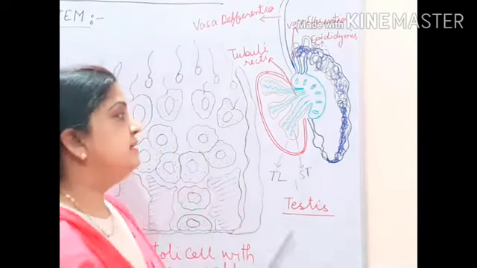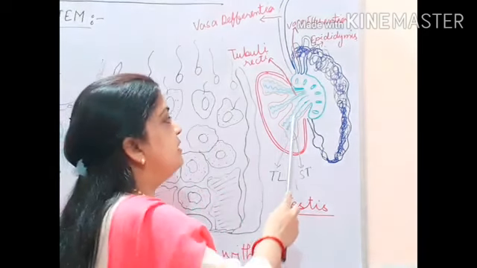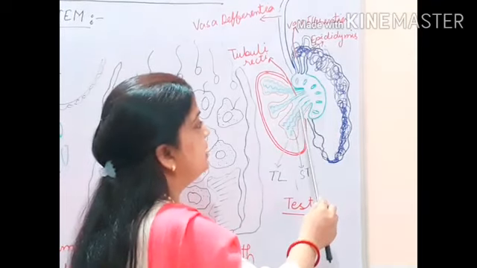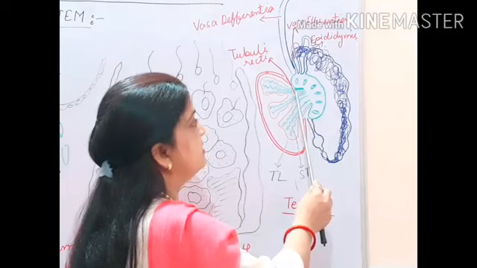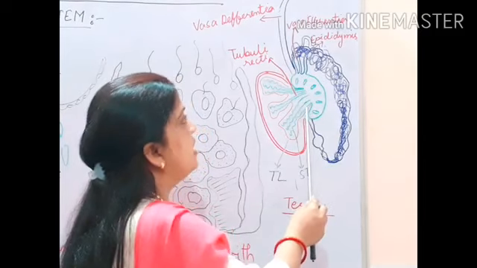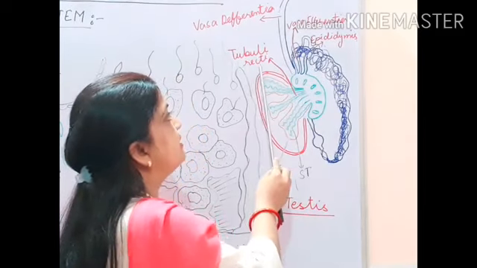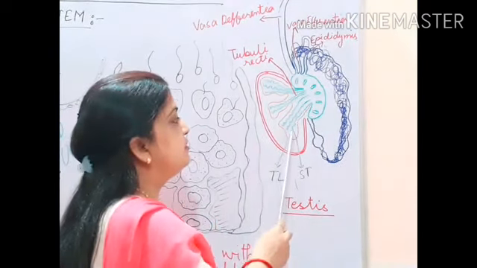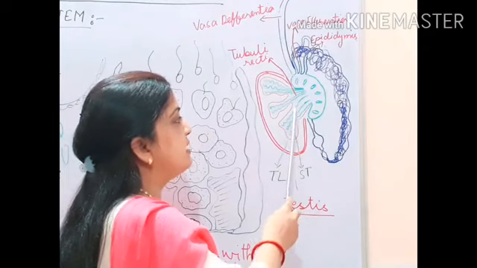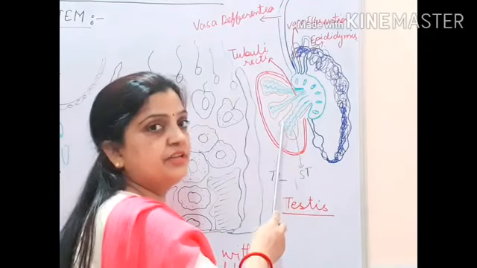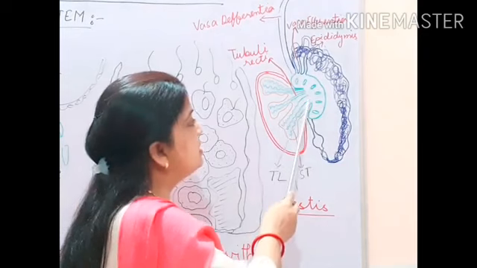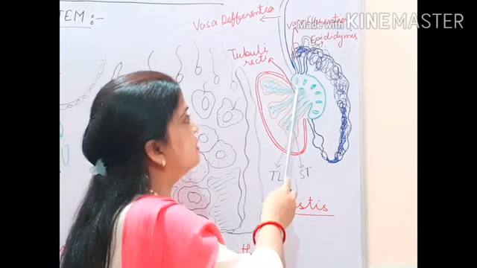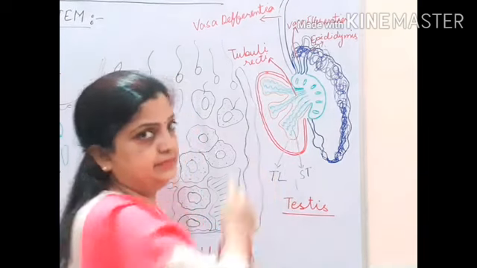Now children, these seminiferous tubules move out from the testis in a small tube, and these small tube-like structures are called tubuli recti. I hope you are seeing in the diagram the seminiferous tubules inside the testicular lobule. These seminiferous tubules move out into this pipe-like structure, and these pipe-like structures are called tubuli recti.